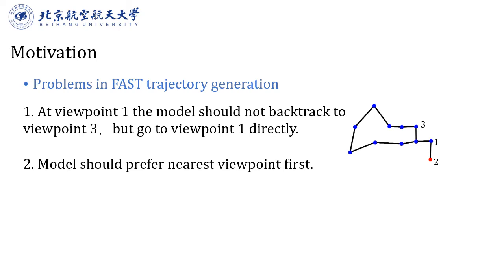But viewpoint 3 has a higher local score, even though it is not much higher than viewpoint 2. The model goes to viewpoint 3. It is far away. This backtrack increases the trajectory length and does not help to increase the navigation success rate. This phenomenon appears a lot in the navigation process. We can see it from below.